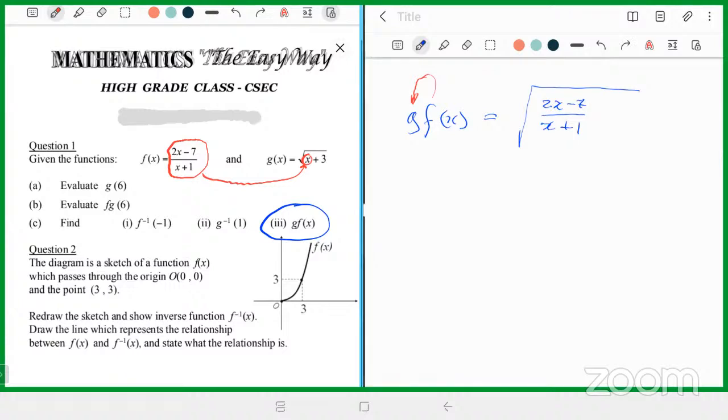And then now I'm going to put the plus 3 beside it because there was a plus 3 beside the x. So we'll get a plus 3 now beside that function. And that's the answer. Everything is squarely under the square root sign as it was here. Over here, everything was under the square root sign and the plus 3 was separate from the x. So the plus 3 has to be separate from the f that you have replaced the x with.